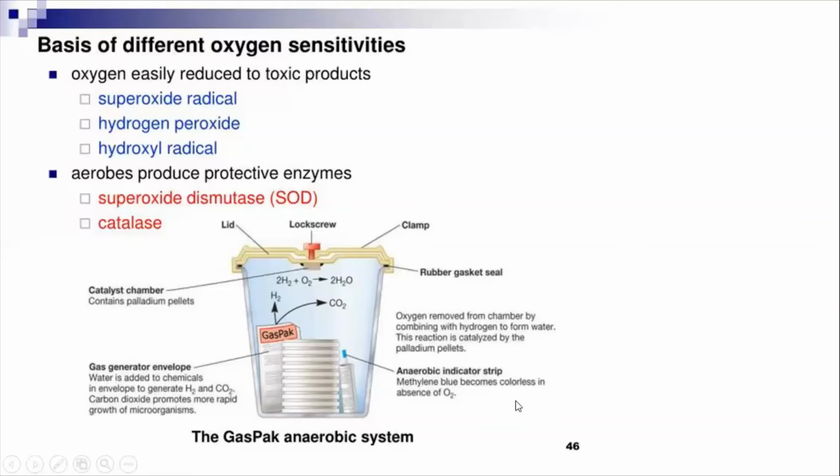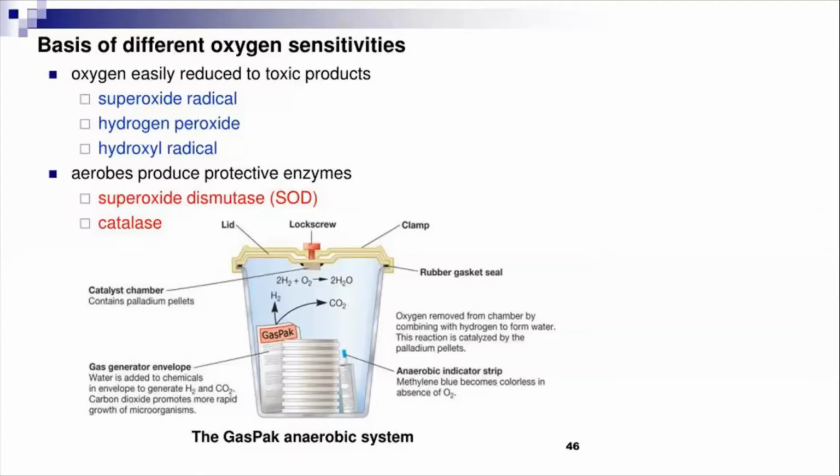Now the anaerobic indicator is there. Methylene blue becomes colorless in the absence of oxygen. So if oxygen is there, then the color change will be there. So you will understand that this particular anaerobic chamber is not working for your anaerobic bacteria.